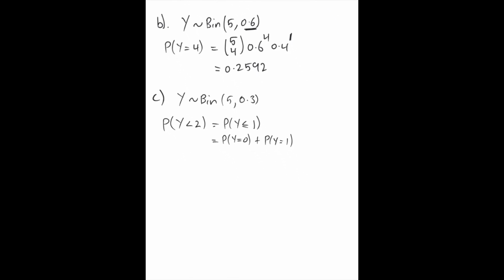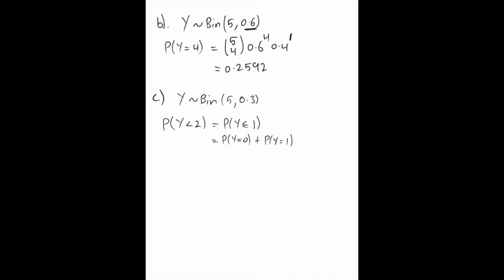So we want the probability that y is less than 2. Now, we don't want to have less than, we want less than or equal to. So that's equivalent to the probability y is less than or equal to 1, which is equal to the probability that y is 0 plus the probability that y is 1.